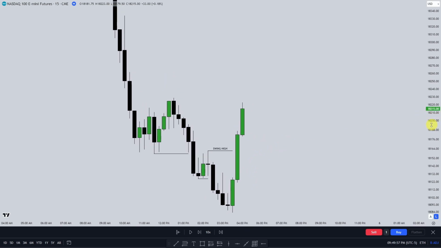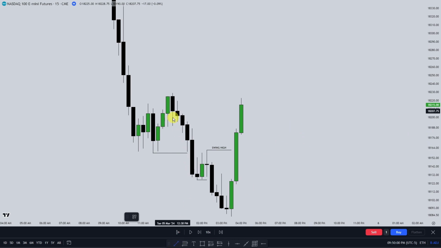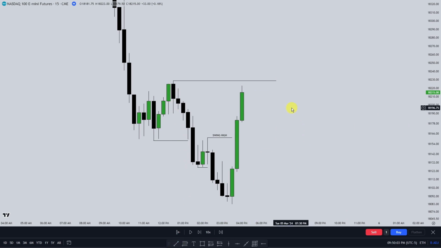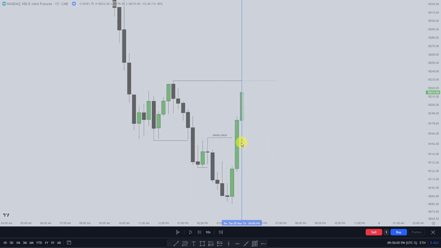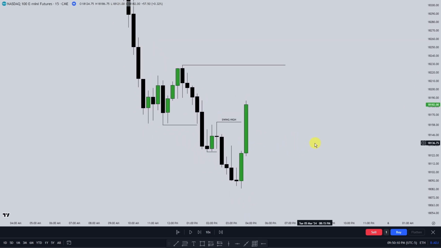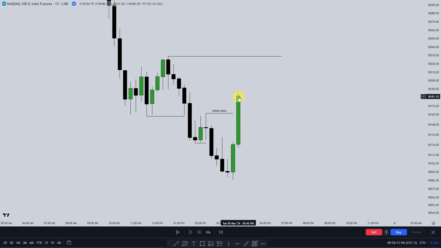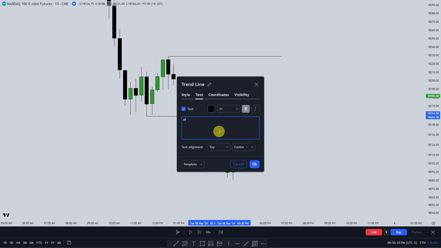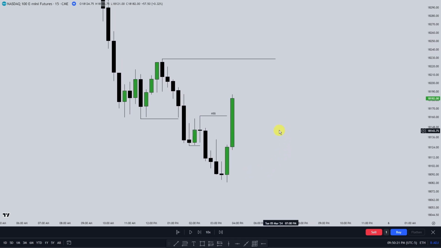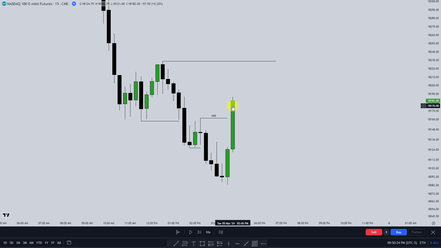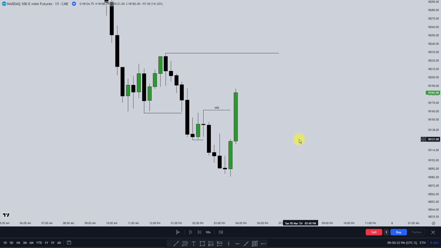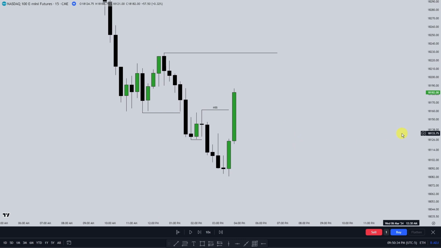So, we can anticipate or expect this high, after this closure above this swing high, which creates a market structure shift, we can anticipate that price is going to target this high. So this can become our drawn liquidity. And that's a good confirmation.